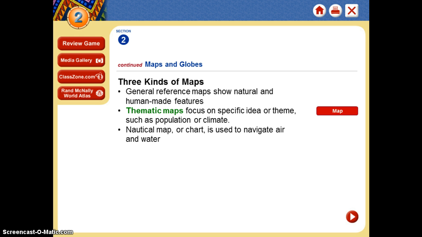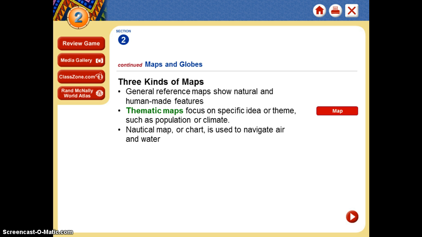There are three kinds of maps. There are the general reference maps, which tend to highlight natural or human-made features. There is the thematic maps. Now, a thematic map will focus on a specific idea or theme, such as population or climate.